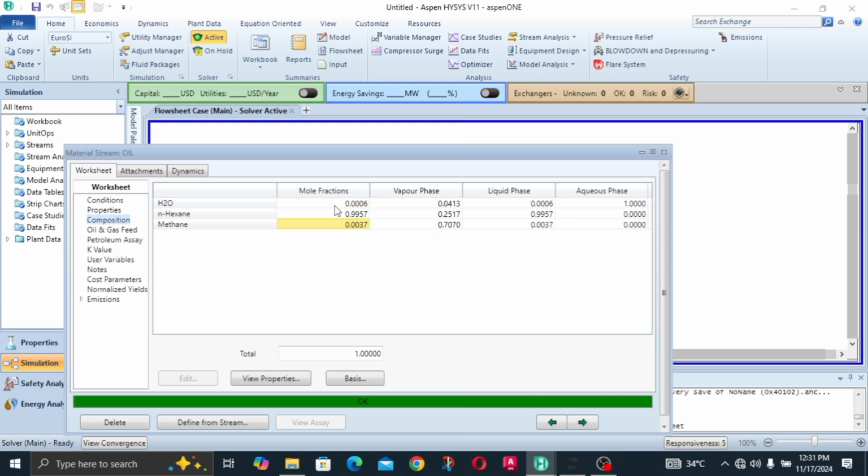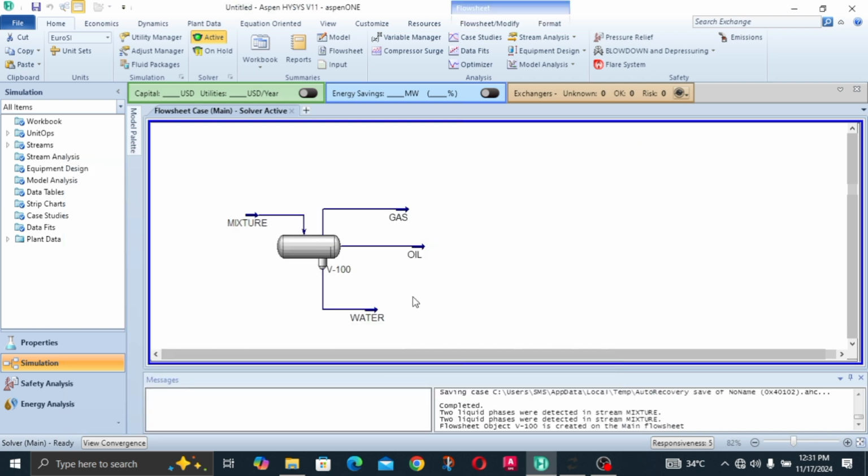For the methane, we have a little bit, 0.3% methane, and 0.06% H2O, and we predominantly have hexane, 99.57% hexane in our light liquid outlet. That's where the hexane is supposed to go, obviously.